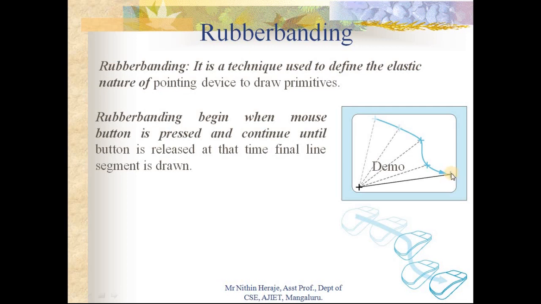Okay, when you release the mouse button, what happens? The line segment is drawn. If I press the mouse button here and take it here, the line segment will come along with me. If I reduce it, it reduces this dotted line, which acts like a rubber band. Okay, so that's what rubber banding means.